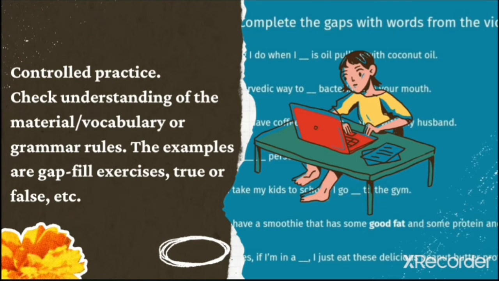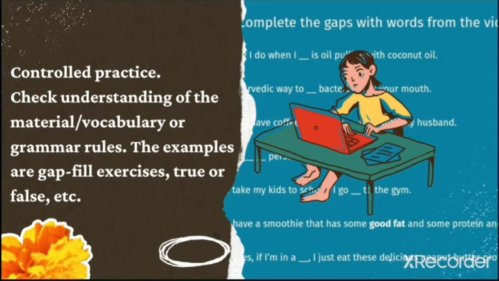So check understanding of the material, of your target vocabulary or your target grammar rules. For example, first of all, exercises have to be really easy. For example, gap fill exercises, true or false, find some vocabulary in the context.